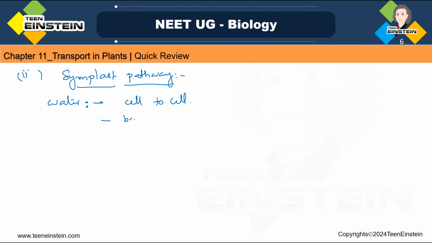And this is by crossing the membrane. Water is moving from cell to cell by crossing the membrane, that is, through the living part of the cell. The symplast pathway may be of two types.